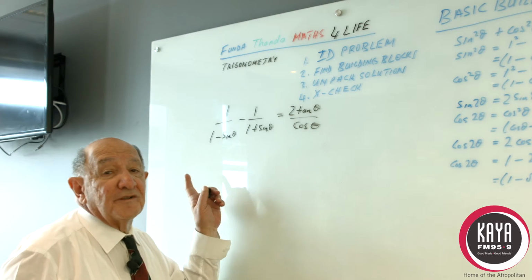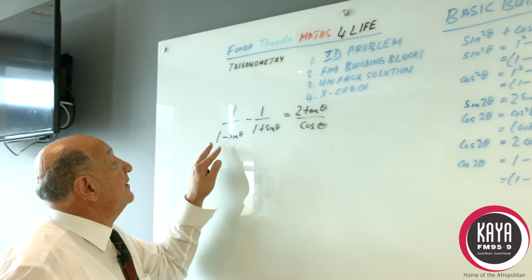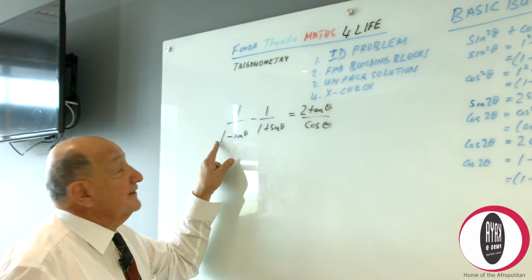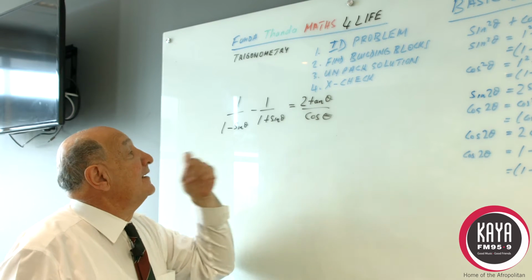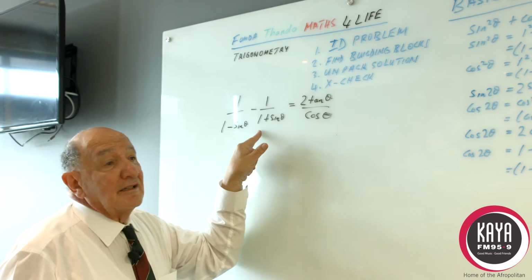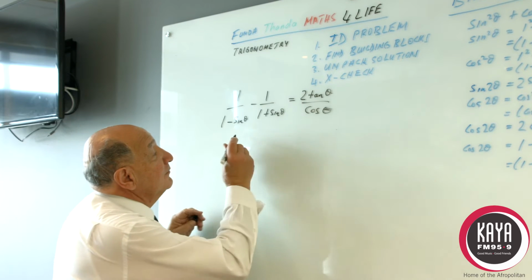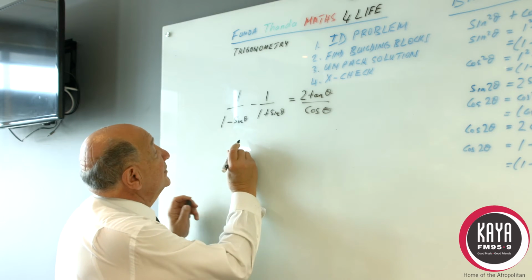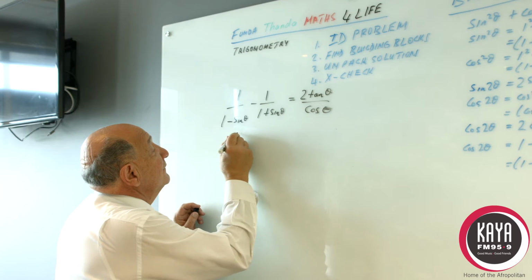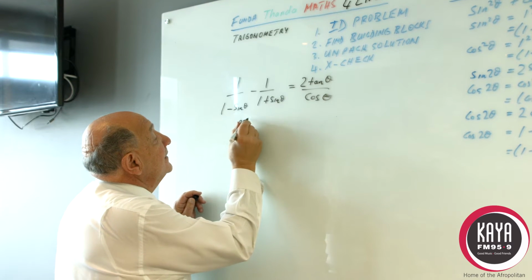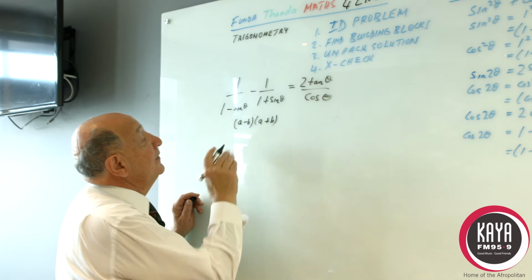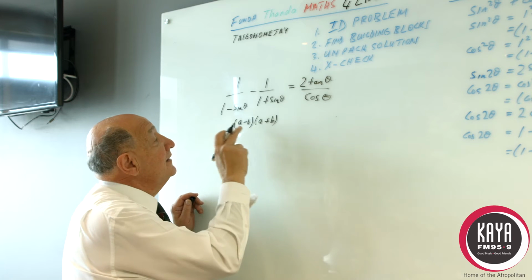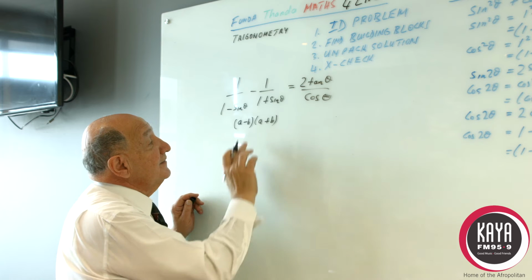We will start with the left-hand side. We've noticed that there's a 1 minus sine theta and a 1 plus sine theta. If we remember our algebra, we have a minus b, a plus b, where a would be 1 and b would be sine theta.